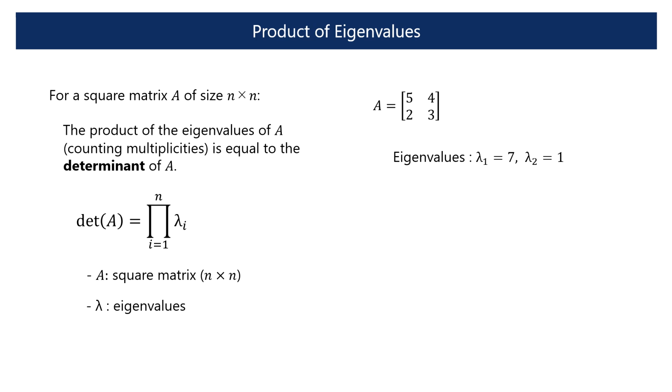For this matrix A, the eigenvalues are lambda 1 equals 7 and lambda 2 equals 1. The determinant of A equals 7. The product of eigenvalues lambda 1 by lambda 2 equals 7 by 1 equals 7, which matches the determinant.